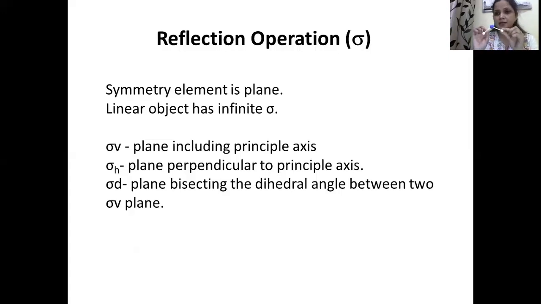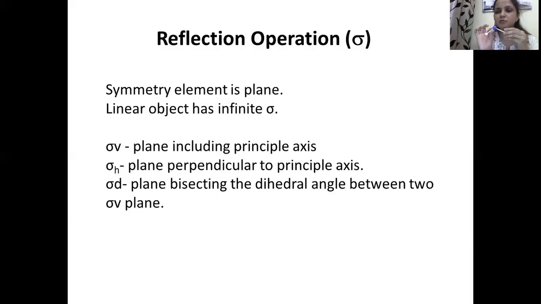Again, in the case of the water molecule, we had only the C2 axis. In this case, our C2 axis is passing through this oxygen atom. And where are the mirror planes? Mirror planes are like this and like this. But in both cases, the principal axis is included.